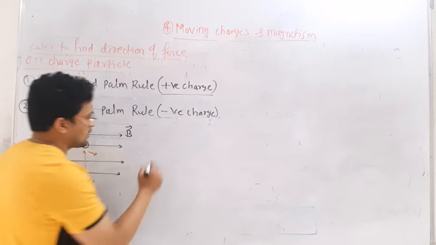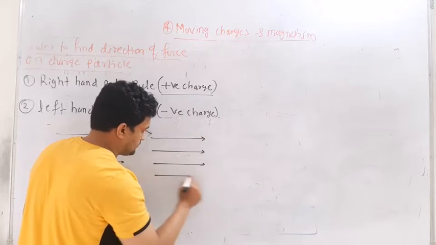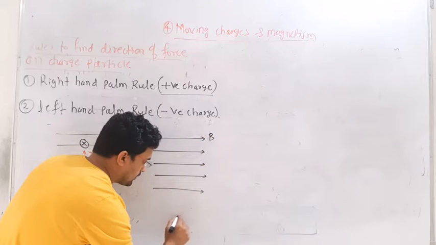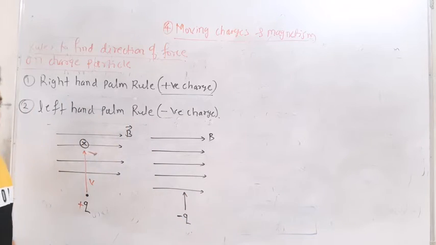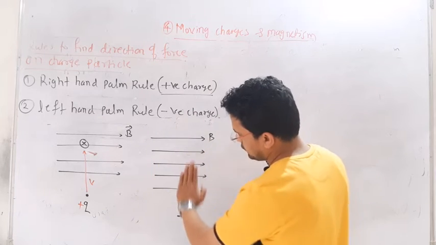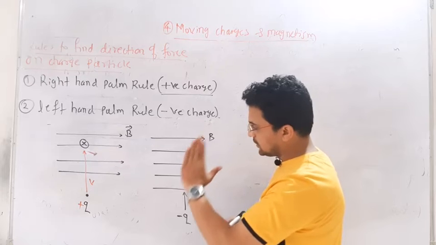Now suppose this is the magnetic field B, and a negative charge is entering the magnetic field. For a negative charge you have to apply the left hand rule. Every time you have to point the whole hand in the direction of velocity.